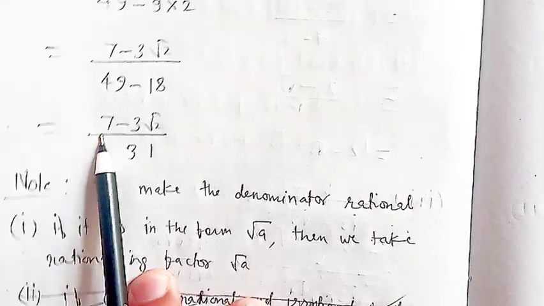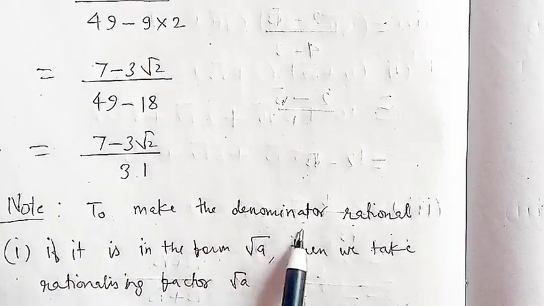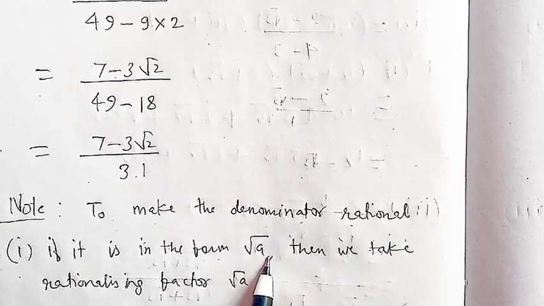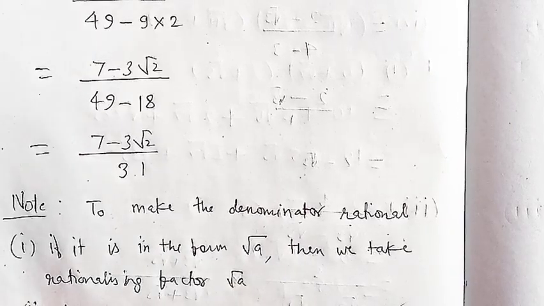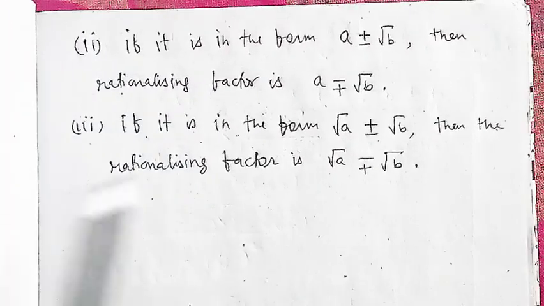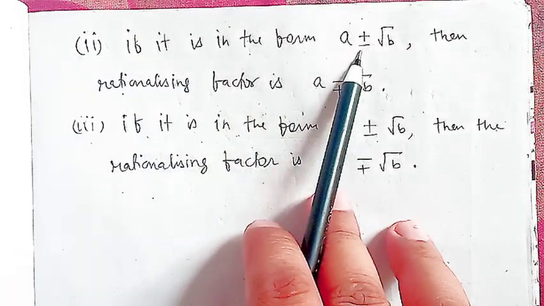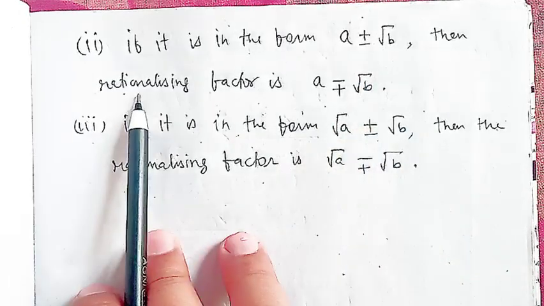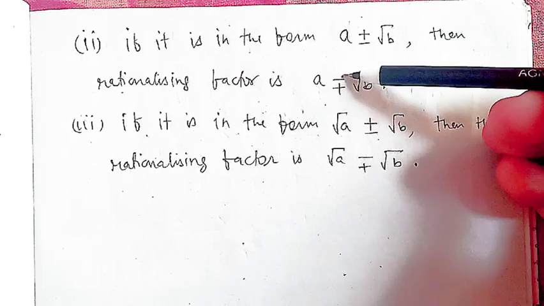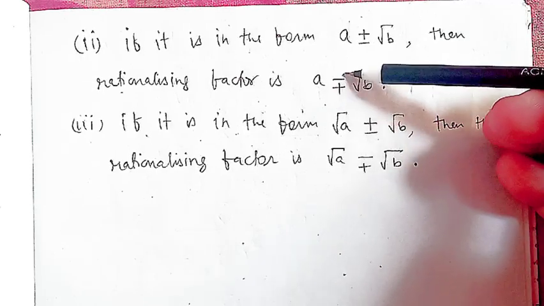Note, to make the denominator rational, if it is in the form of square root of a, then we take the rationalizing factor as root a. We multiply numerator and denominator with root a. If it is in the form a plus or minus root b, then if here is plus, in the rationalizing factor we write minus.